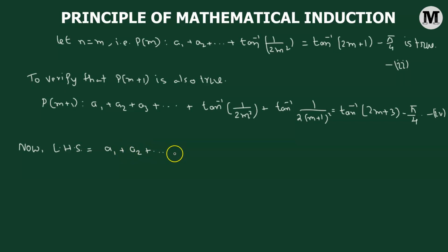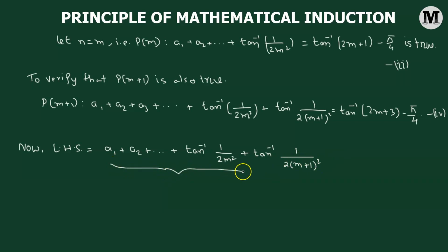This goes all the way up to the second last term, which is given by tangent inverse of 1 over 2 times m squared, added to tangent inverse of 1 over 2 times (m plus 1) whole squared. Fine. Now, luckily for us, if we consider the first term added all the way up to the second last term, we can simply replace it with the right hand side of statement number 2, because that is a true statement.